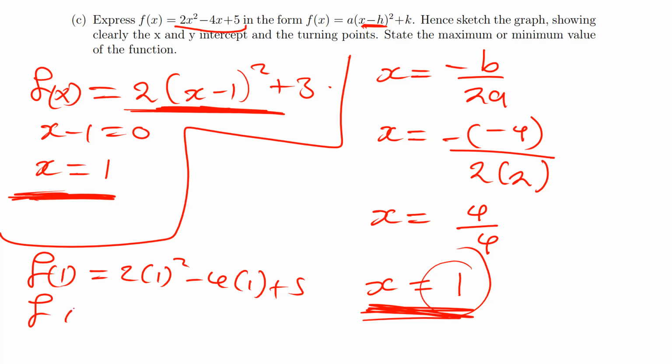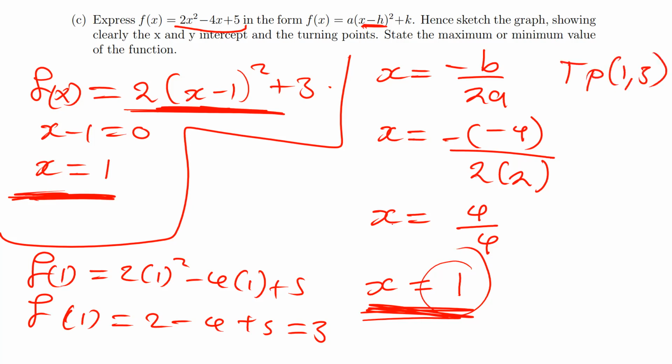This would be 2 minus 4 plus 5, which gives you positive 3. So this positive 3 is the value of y at the turning point, meaning your turning point becomes (1, 3). And this same 3 is the one that we found there.